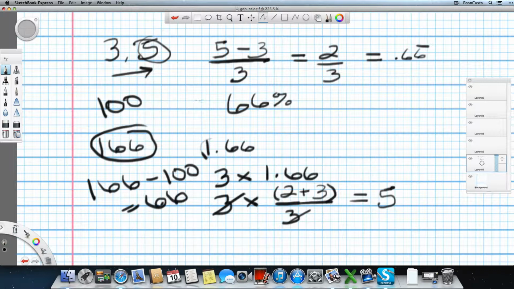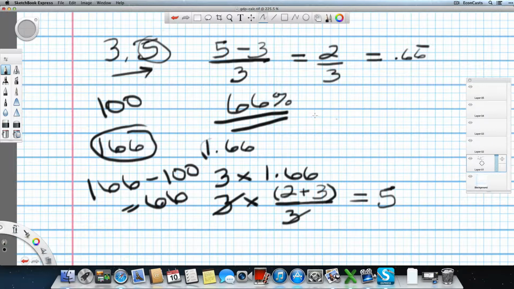And that is in fact our percentage increase, 66%. So this is just a really convenient way of storing the data that there is a 66% increase between the base year and our next year, or in this case, we're not really talking about years, we're talking about numbers. There's a 66% increase from our first number to our second number.